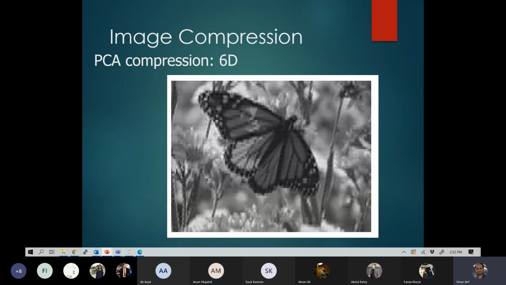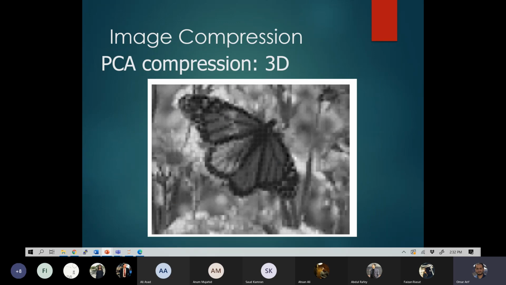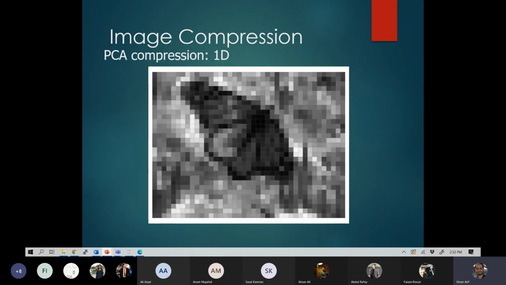Similarly, by keeping 6 dimensions, and this is an example keeping 3 dimensions, and keeping only 1 dimension, just the first vector, you can also somewhat say that this is a butterfly.